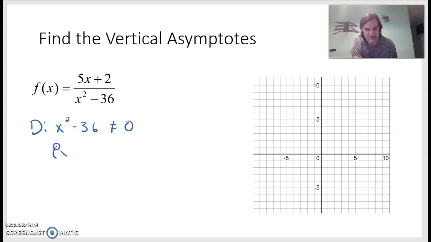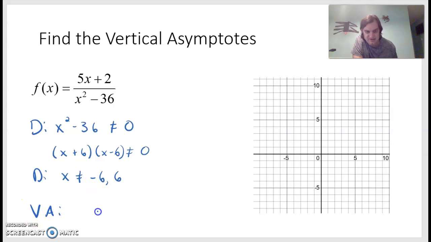You can factor this if you like, x plus 6, x minus 6. So you get the domain cannot be negative 6 or 6. So the vertical asymptotes are the vertical lines where that happens. X equals negative 6 and x equals 6. So we'll put those in.